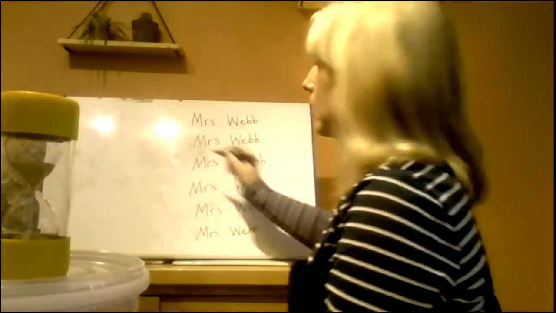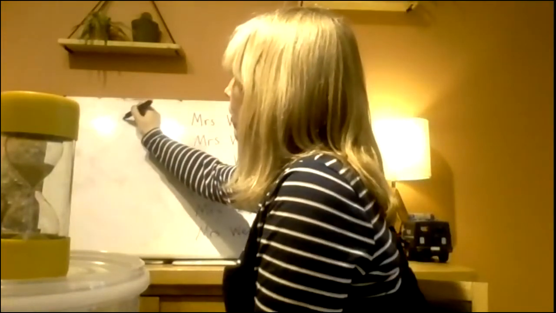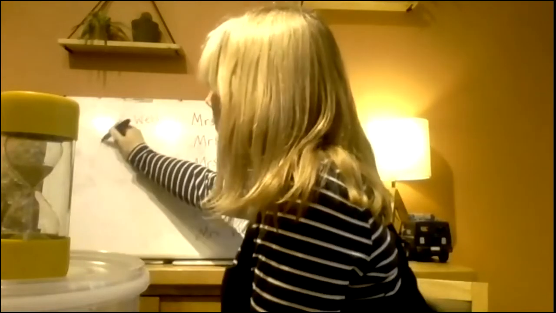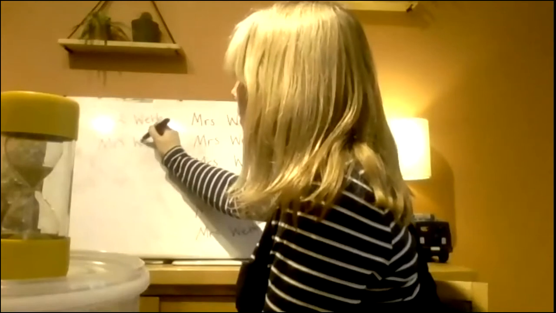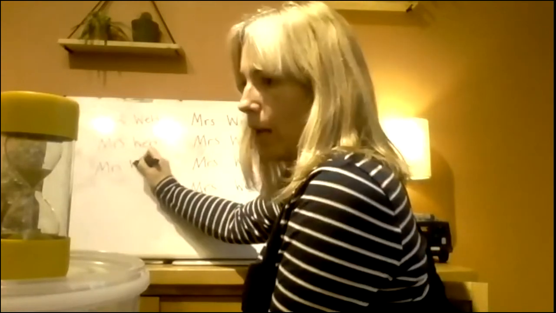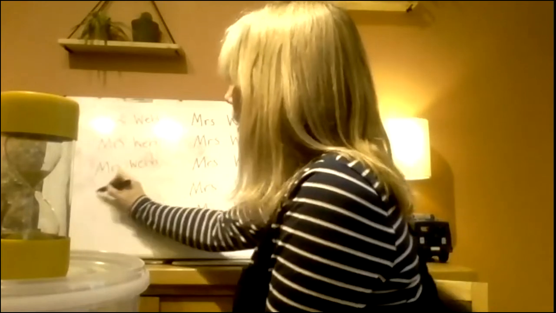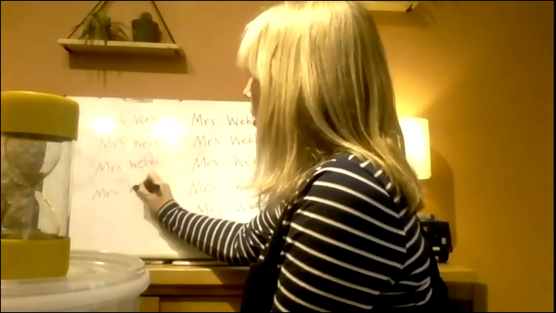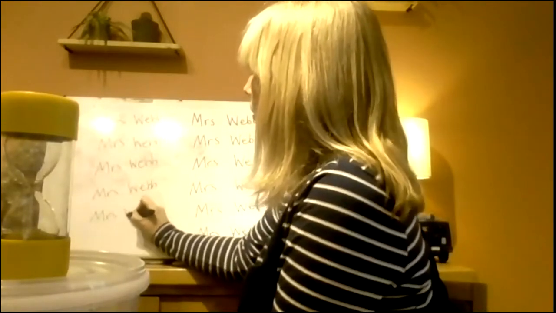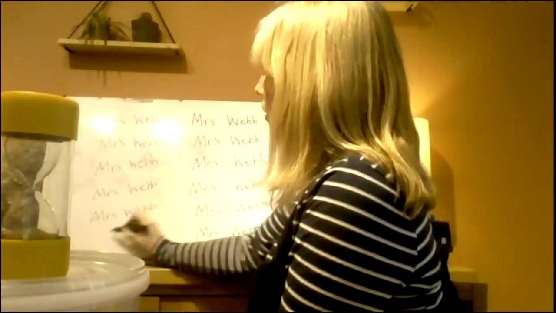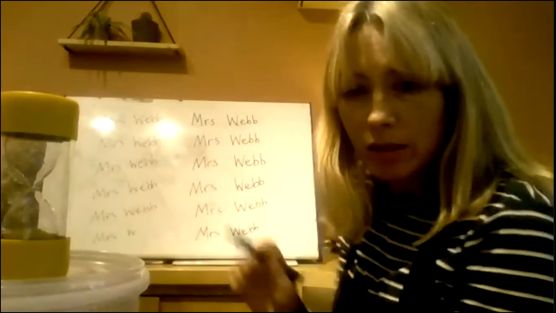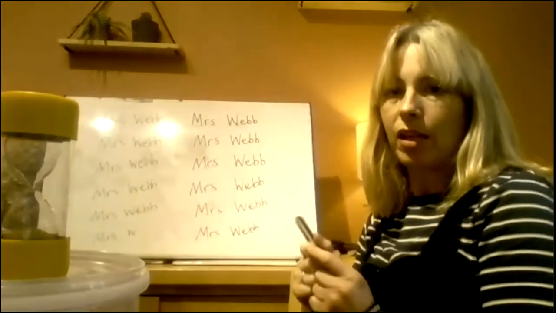Oh, still some more. I'm going to have to go over here. Oh, starting to run out of time. Keep an eye on that timer for me, children. Mrs. Oh, Mrs. W. I've got as far as, and I am out of time.